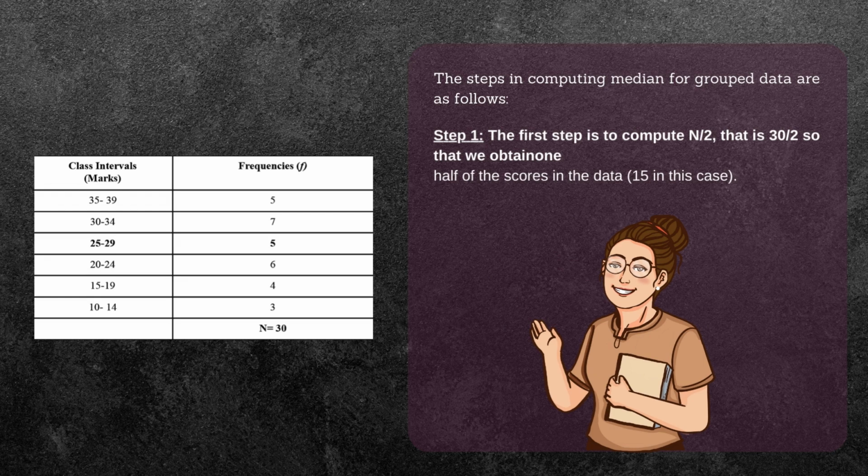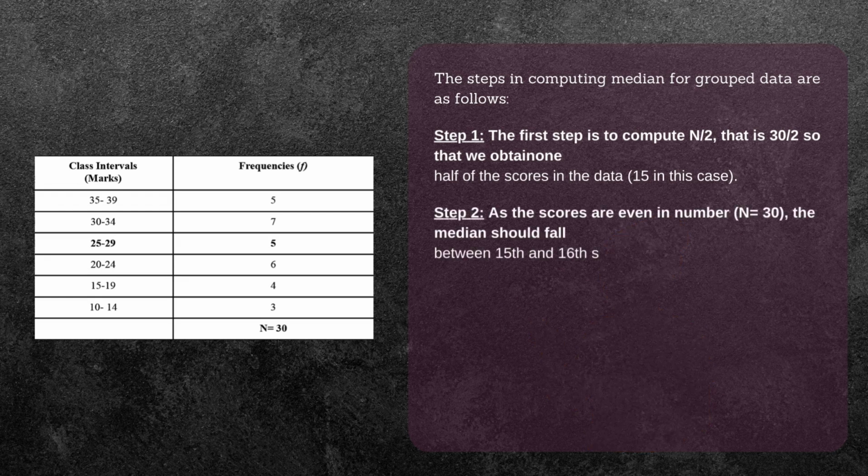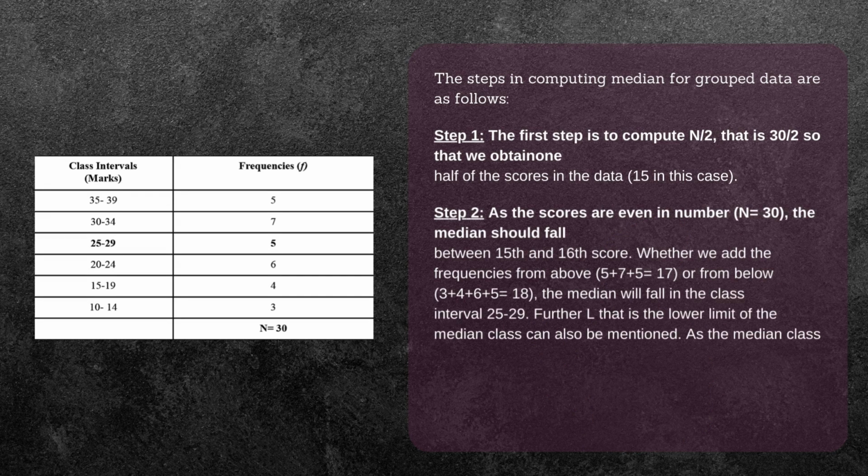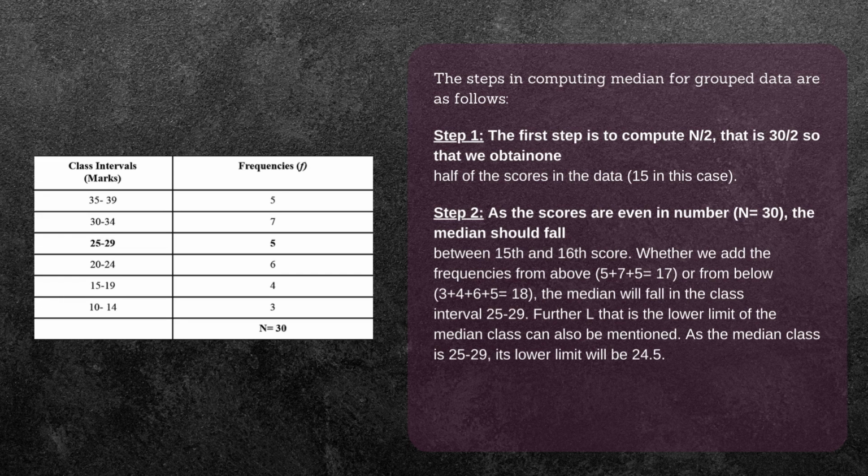In step 2, as the number of scores is even, n is equal to 30, so the median should fall between the 15th and 16th scores, whatever we have added in the frequency from above, which is 5 plus 7 is equal to 17. Either you can come from the top or go from the bottom, you will get the same median score.